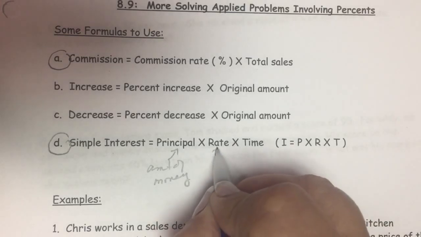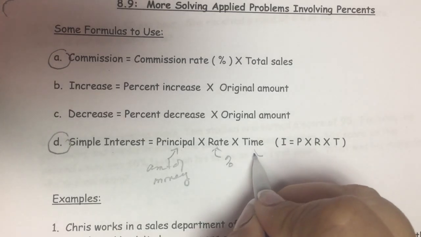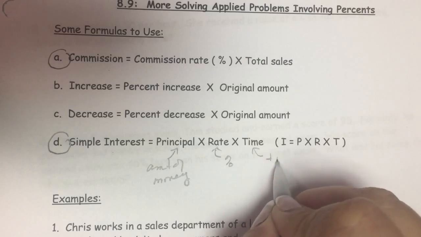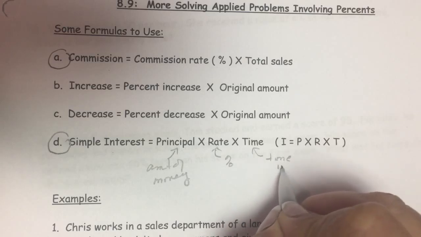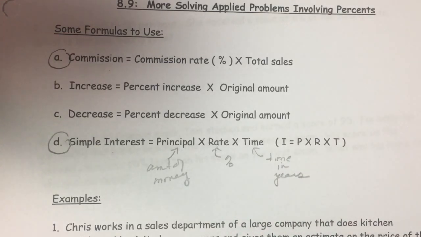Rate is the percent, but again, just like before, you don't put the percent in there. You always put the decimal, so you'd have to move it 2 places to the left. And then the time is always the time in years. Okay, so we'll look at that as we come up to it in an example, what you might have to do for that.